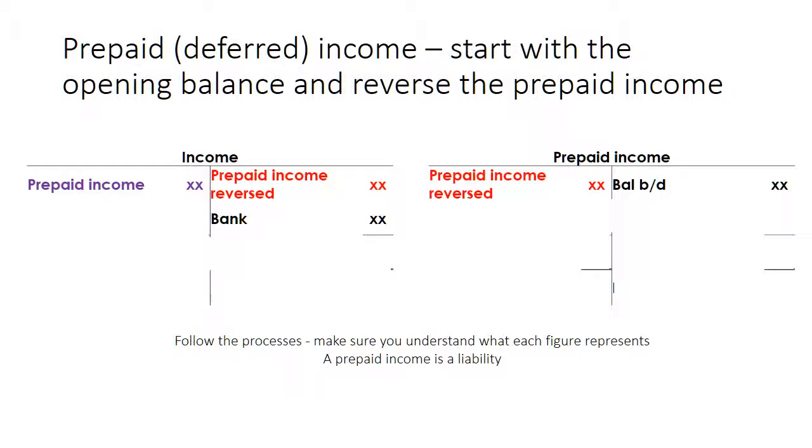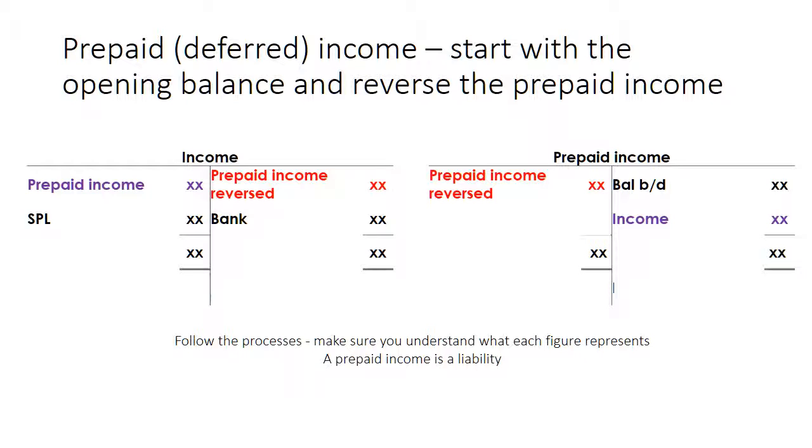Any prepaid income at the end of the year is debited to the income account and credited to prepaid income. Next, we can balance off our income account, and our balancing figure will be the statement of profit or loss figure, so it will be debit income, credit statement of profit or loss, showing the income for the year for that account.